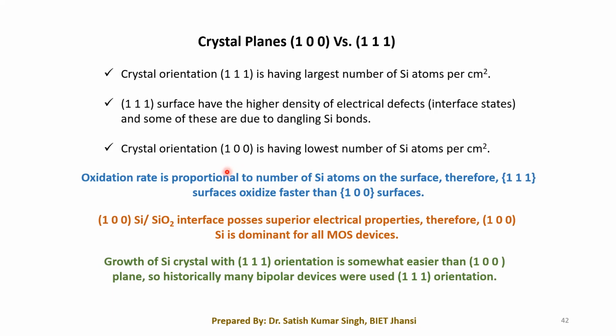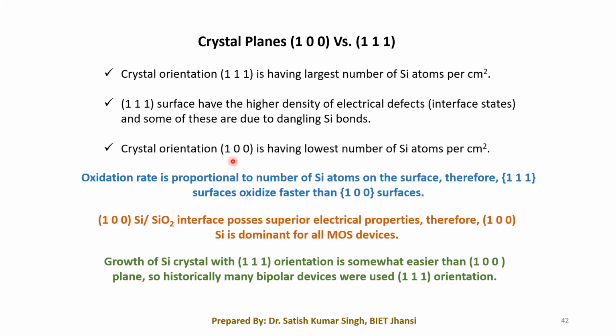As I told you, the seed crystal should have a particular orientation. When the seed crystal surface has this particular orientation, then whatever crystal we grow will have the same crystal structure and the same crystal orientation, with the 100 plane on the surface. Whenever we cut it parallel to it, you will get a 100 crystal orientation on the surface.